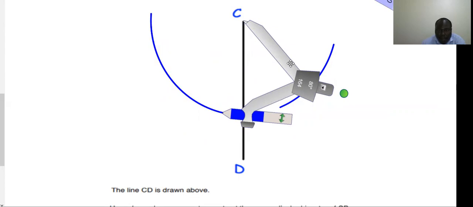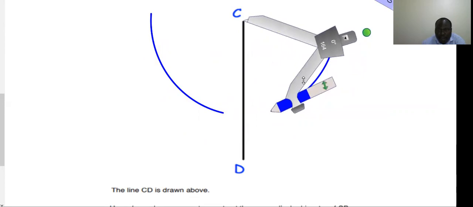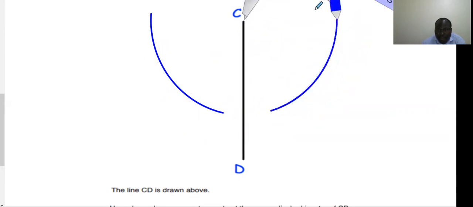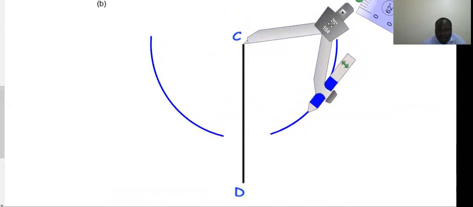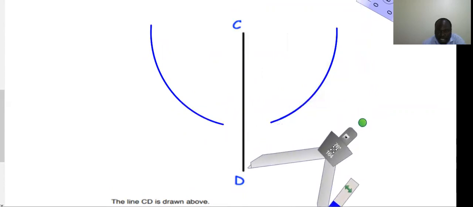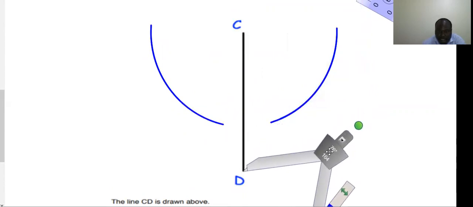Once we are done, take this pair of compass. Don't disturb the pair of compass. Take this pair of compass, stand here. Can you see that?